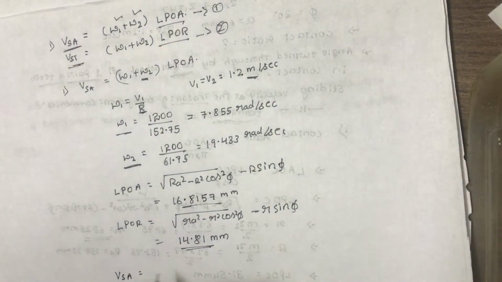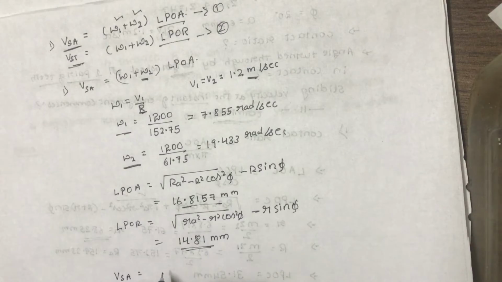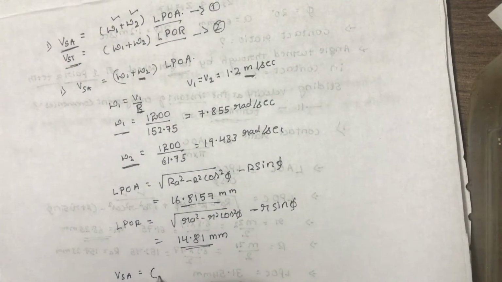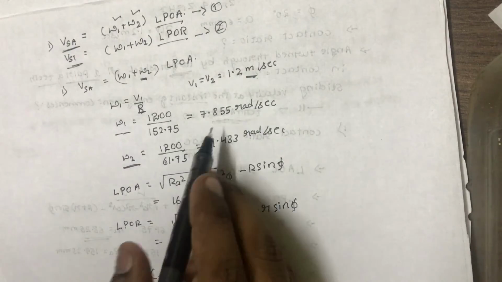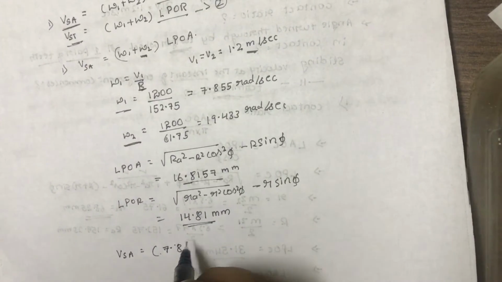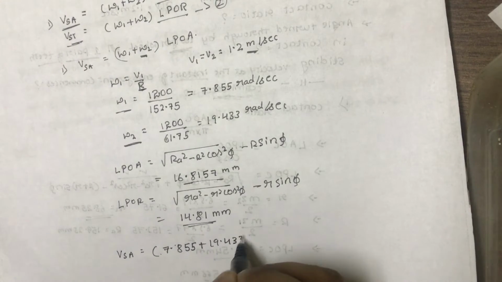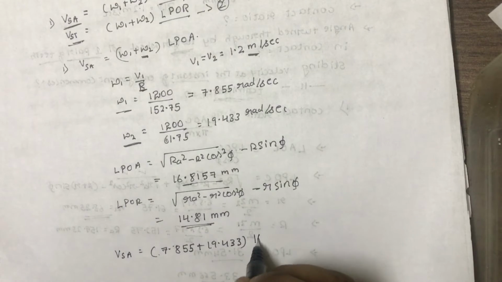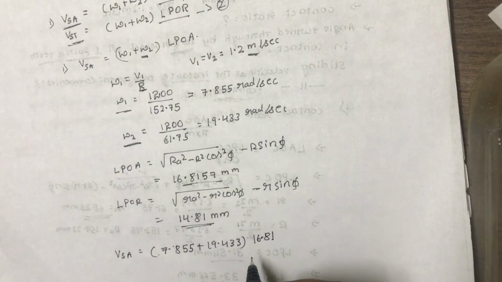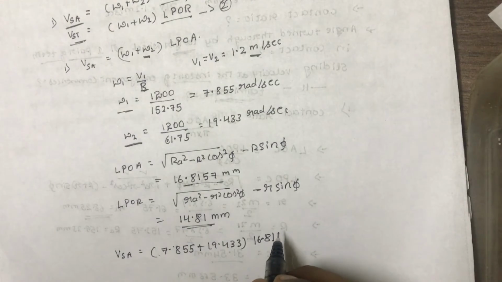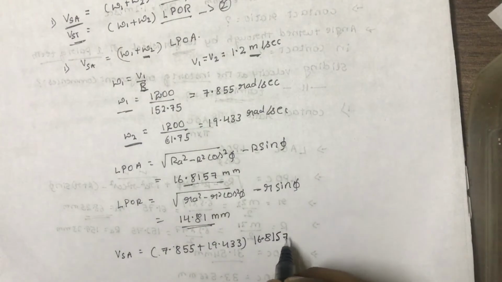Now substitute these values into equation number 1 and equation number 2. VSA is equal to, substituting and simplifying, omega 1 is 7.855 plus 19.433, into LPOA, 16.8157.